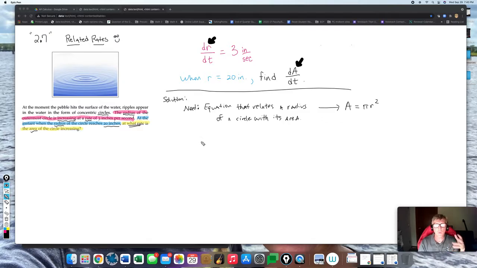Okay. So what we're going to do to find this rate is find the derivative of both sides of this equation. We are going to differentiate both sides with respect to t.